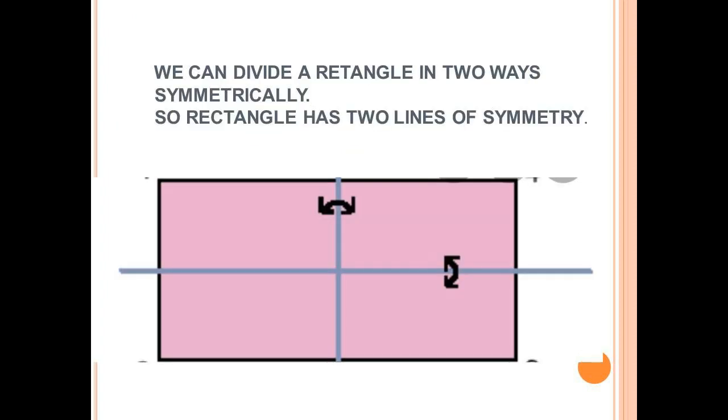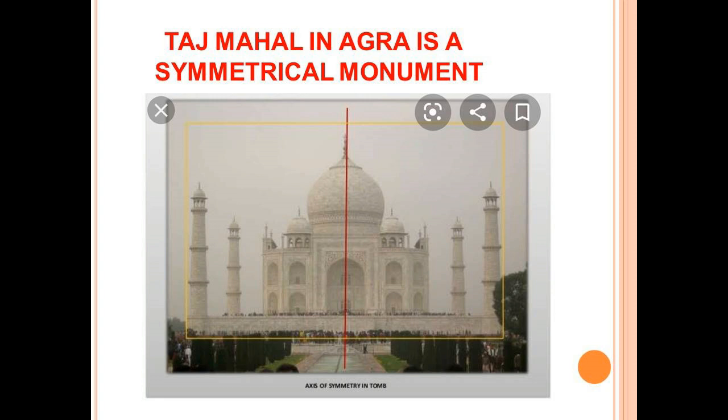Have you all seen the picture, rectangle? Rectangle also has lines of symmetry. We can divide a rectangle in 2 ways symmetrically. So, rectangle has 2 lines of symmetry. Have you all seen the picture?